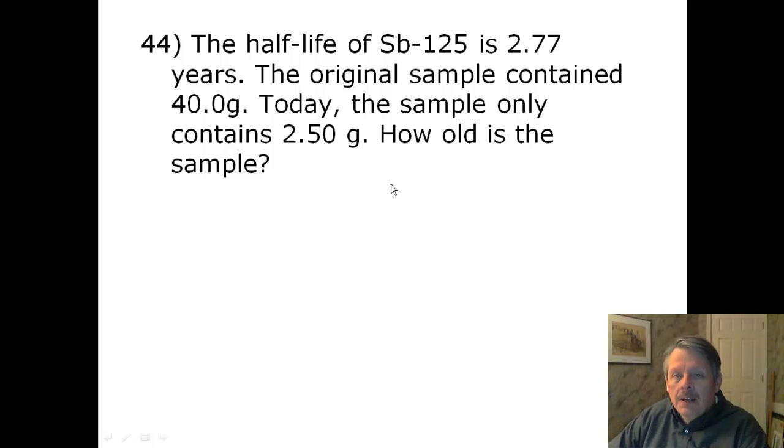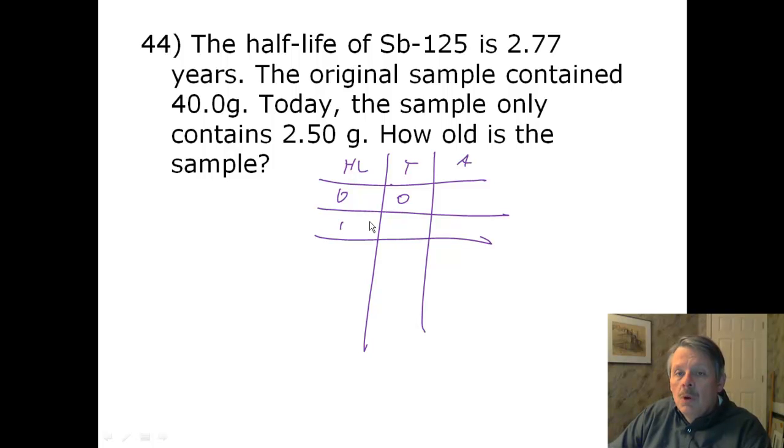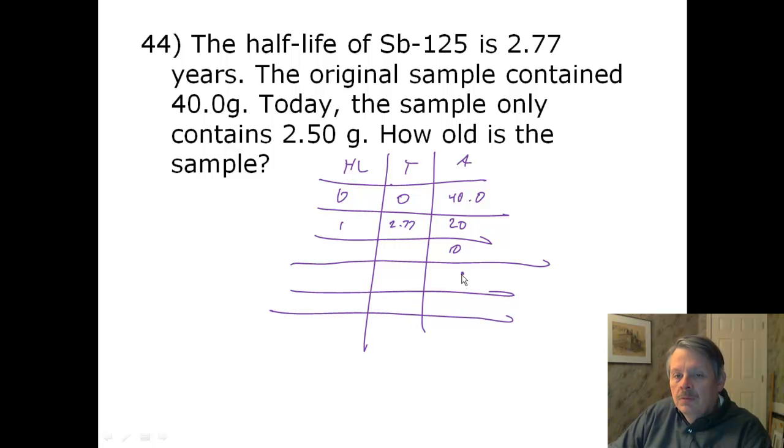All right, another one. These are all very similar. You should be able to work these without any trouble. You have half-life, time, amount. The original sample contained 40 grams, 2.77 years, and it only contains 2.5 today. 20, 10, 5, 2.5. 2, 3, 4 half-lives.